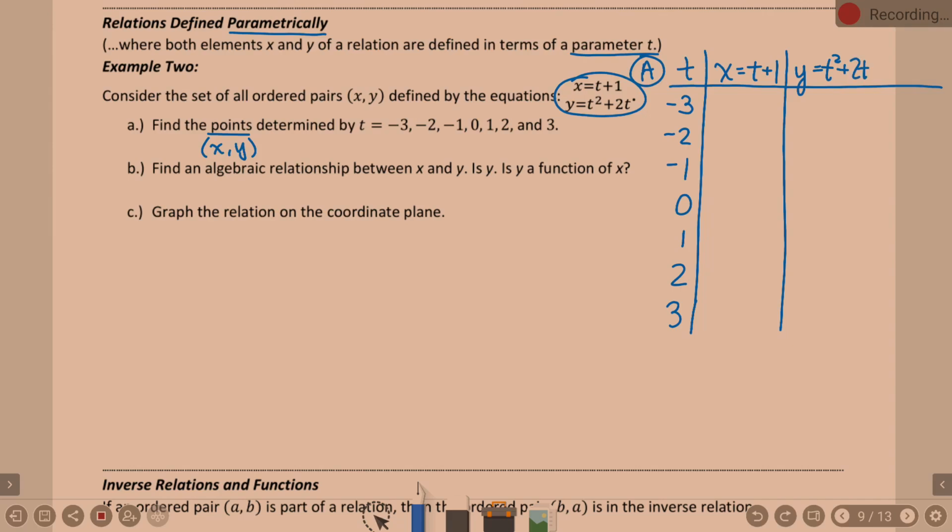T squared plus 2t. And not that you'd have to, but I'm going to put one more column. And that column is going to represent our final answer, the ordered pairs. Sorry, I probably should have warned you that I was going to do 4 columns. Set it up how you want. This is just me trying to be organized up here.